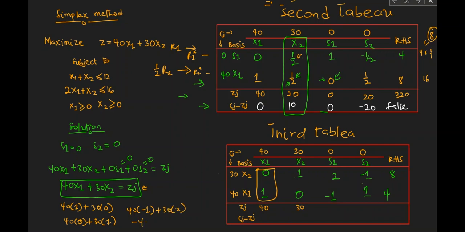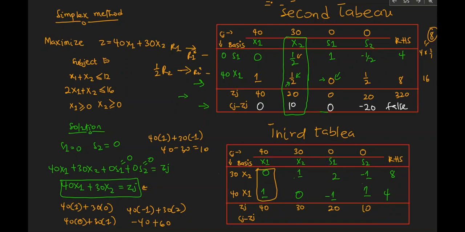For the next one, I'm going to have 40 multiplying minus 1 plus 30 multiplying 2. So I'm going to have minus 40 plus 60. This will give us a value of 20 here. For the next one, you're going to have 40 multiplying 1 plus 30 multiplying minus 1. So you're going to have 40 minus 30, which will give us a value of 10.